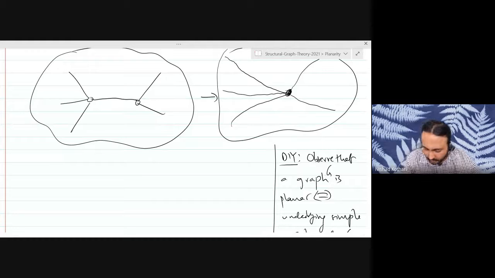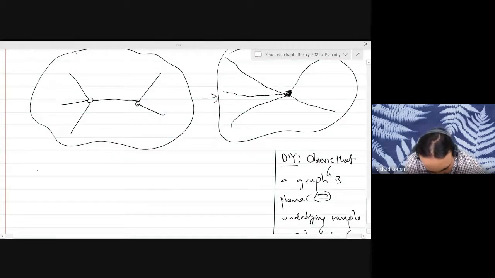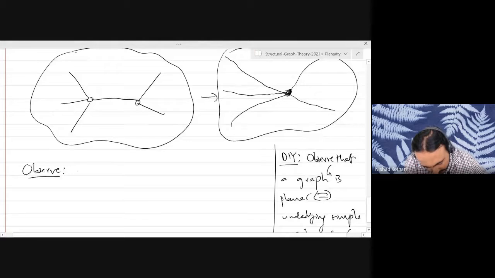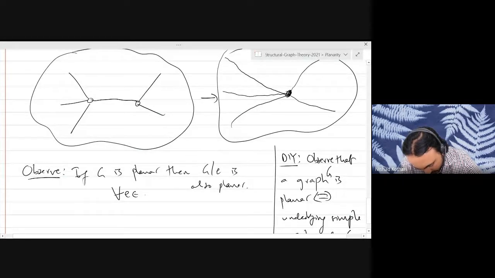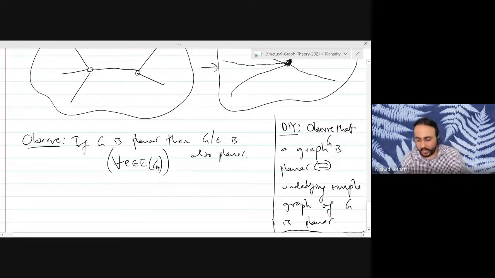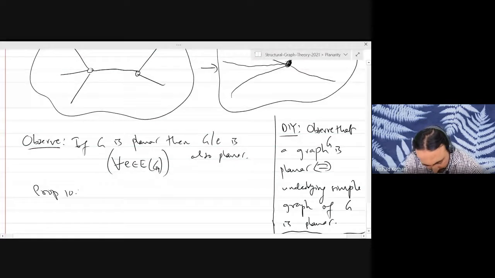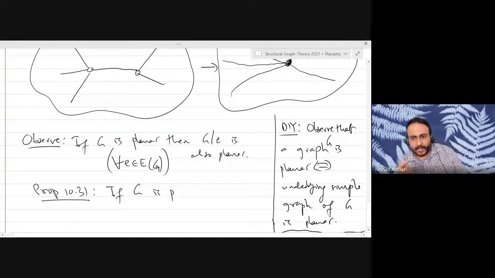If G is planar, then G contract an edge e is also planar, for every edge of the graph. What that implies is that all minors of a graph are planar, because deleting an edge and deleting a vertex clearly preserve planarity.